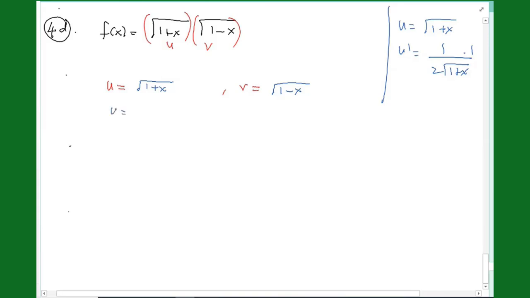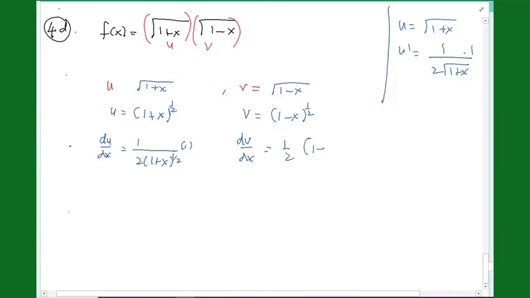And then u is 1 plus x to the power half, and v is 1 minus x to the power half. Then differentiate: u prime, or du over dx, is 1 over 2 times 1 plus x to the power negative half. For v, 1 minus x to the power negative half, half times negative half, then differentiate whatever inside the bracket, negative 1.